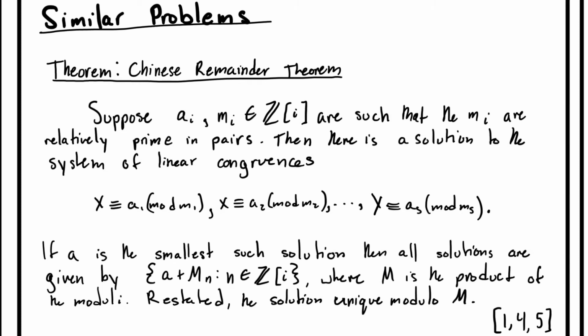Then we know that there is a solution to the system of linear congruences: x is congruent to a_1 mod m_1, x is congruent to a_2 mod m_2, and so on, up until x is congruent to a_s mod m_s. And if A is the smallest such solution, then all solutions are given by A plus mn, where n is contained in Z[i], and where m is the product of the moduli. Restated, the solution is unique modulo m.